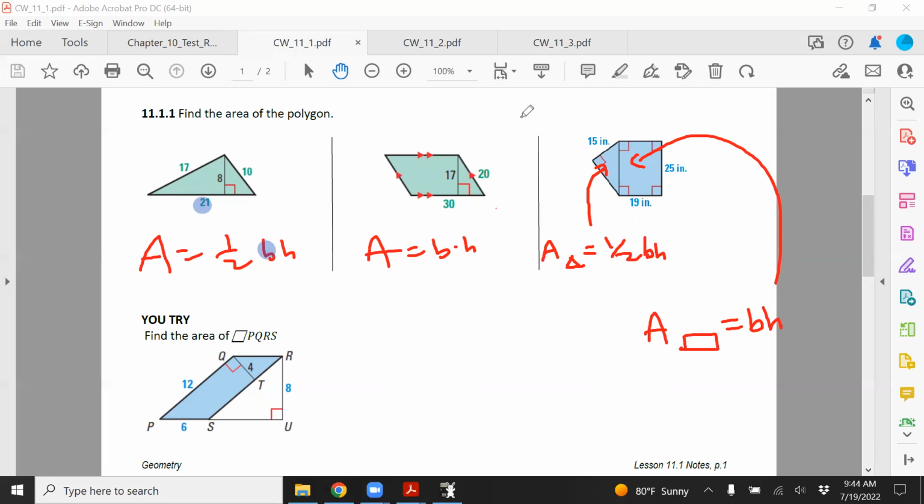There's your base. There's your height. There's your base. There's your height. So you do 1/2 times 21 times 8.